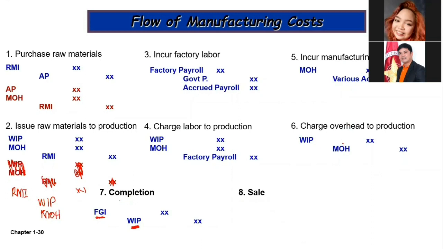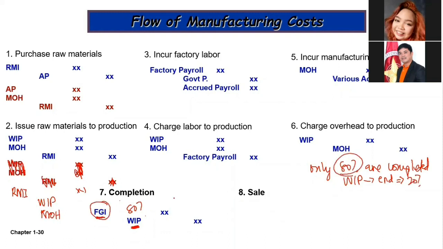Pero sometimes, sasabihin sa exam, only 80% of total cost or of work in process are completed. So, ibig sabihin, yung 80% lang yun nandito, yung 20% may iiwan pa rin siya sa work in process. Okay? Yung work in process ending natin, meron pa siyang 20% because the 80% will now become your finished goods inventory.